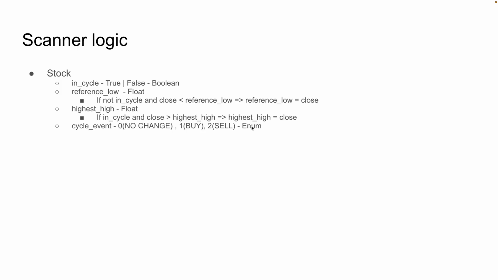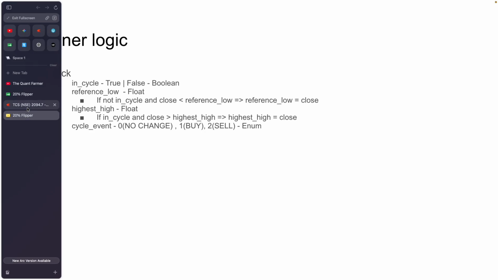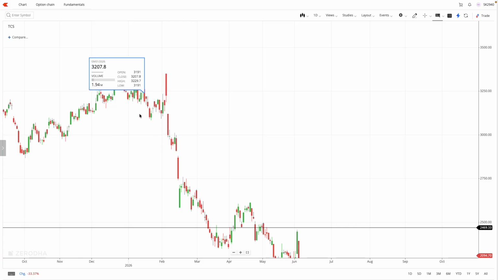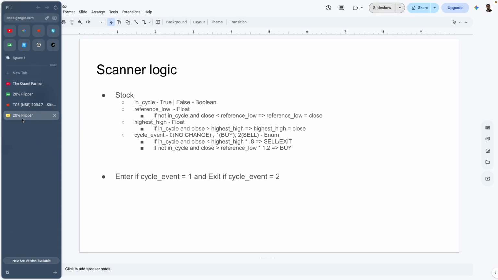There is another event that I need to capture, the cycle event. Is there a change happening today? I don't want to look at every stock every day and count the 20% from there. It doesn't make sense. I need to know when the stock is making a change in direction, when it is flipping.